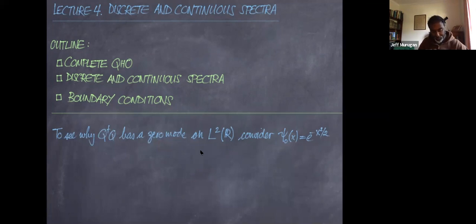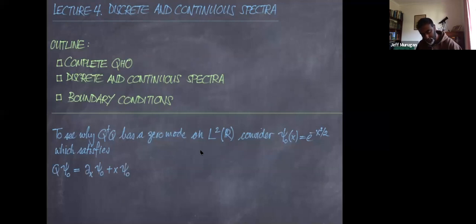Now, this function satisfies the following. Q acting on psi naught is d sub x acting on psi naught plus x times psi naught, right? Because Q is d sub x plus x.